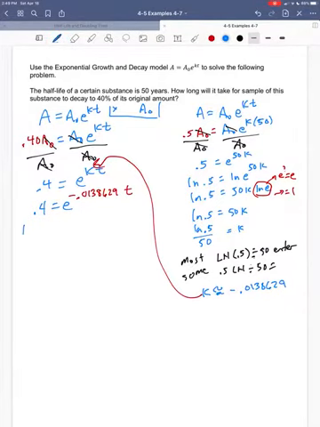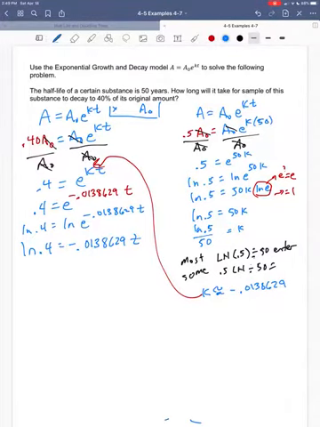Now I take the natural log of both sides. That means I can bring the exponent down in front. And then to find t, I would just divide.